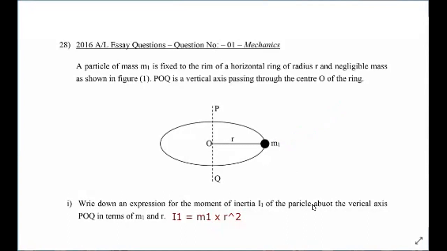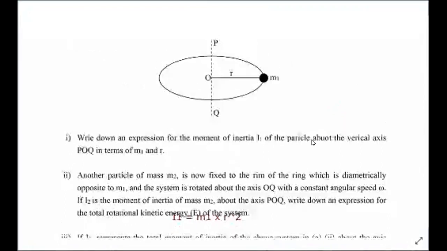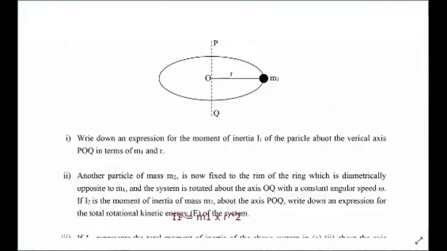Right, let's check the next question. Another particle of mass M2 is now fixed to the rim, diametrically opposite to M1.